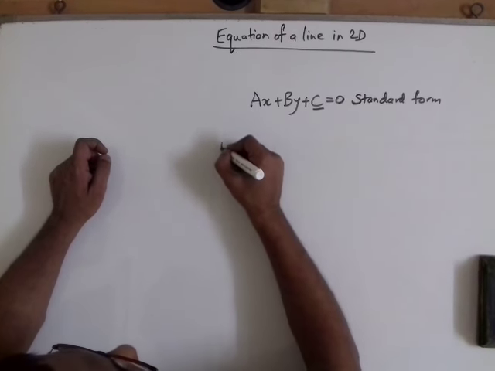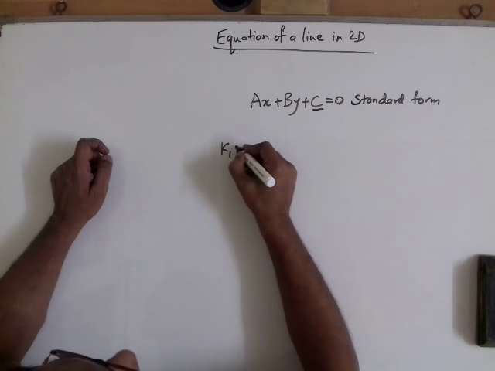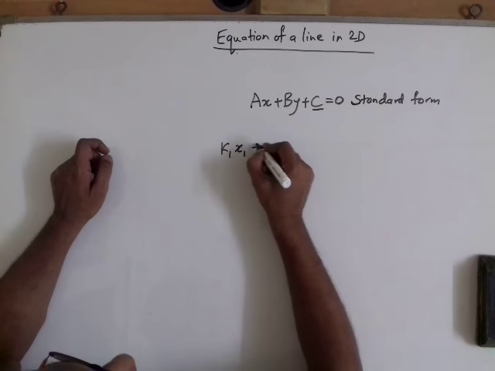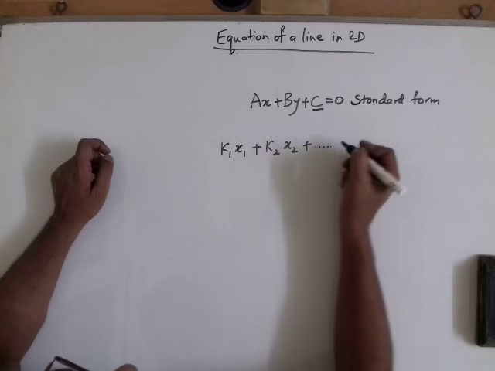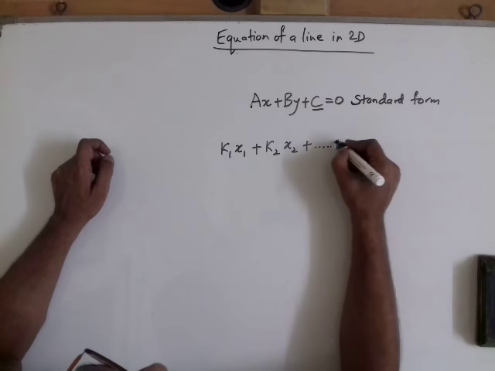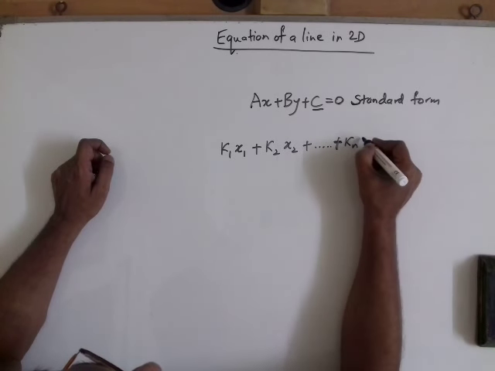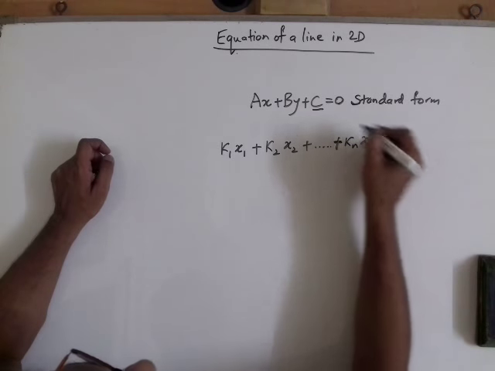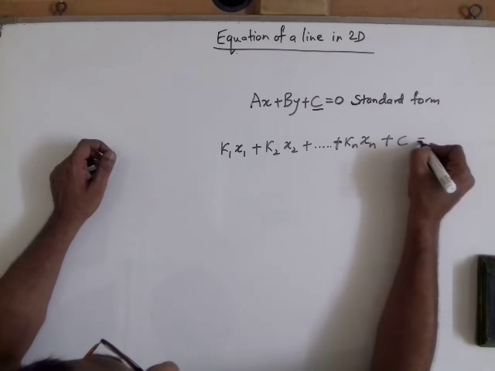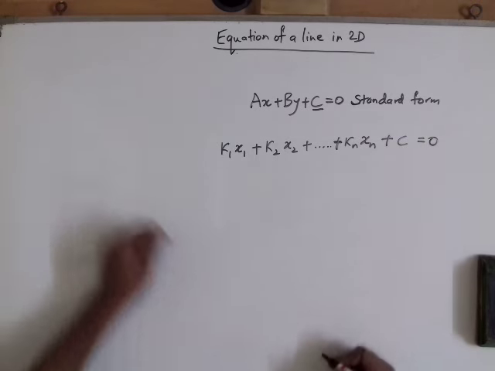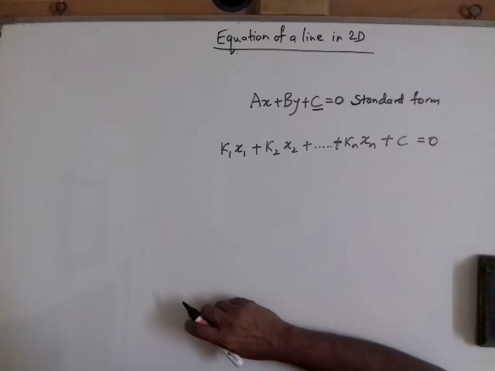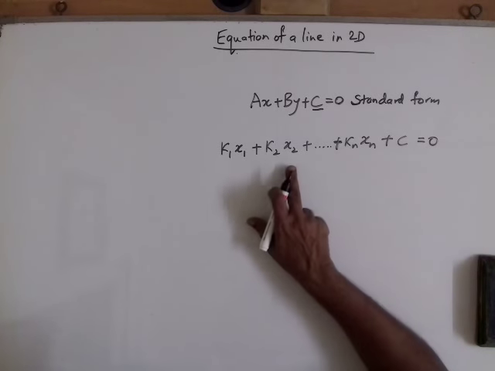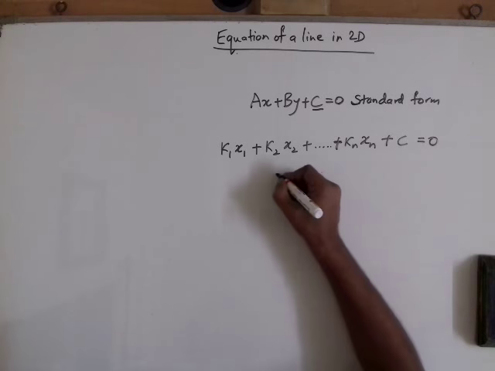So I'll quickly write it. Plus, maybe I'll just write the C as it is. This becomes an equation of something in n dimensions.